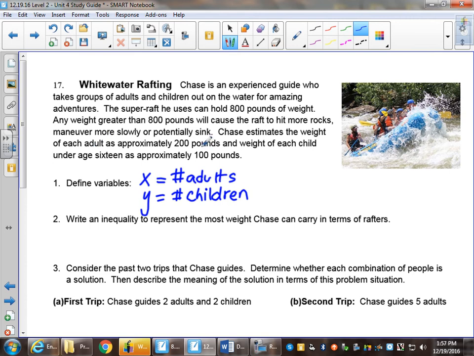Adults each weigh approximately 200 pounds. So 200x plus children, 100 pounds. Here's our total. You can hold up to that much weight in the raft. So this will be less than or equal to 800.